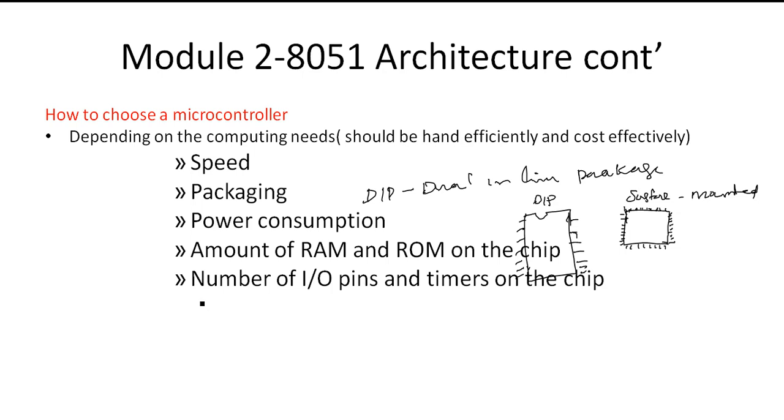According to our requirement, we must choose a microcontroller with suitable IO pins and timers, and it should be easy to upgrade to a higher version. Suppose when the design was going on, our requirement was very small. In future, the same customer may ask you to modify the system to have some other functional utilities also.